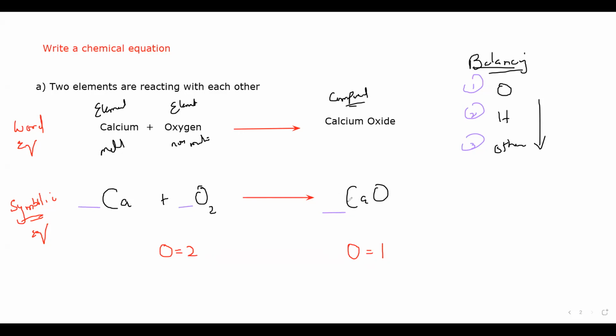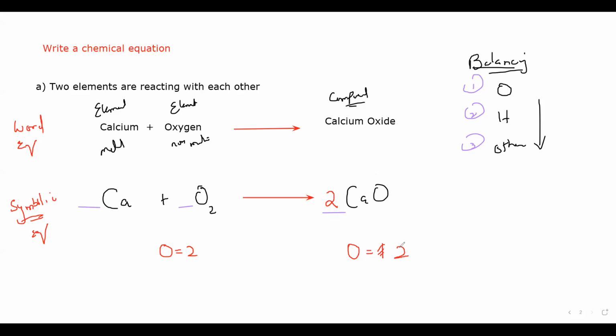For balancing, we can write the number before the substance. We cannot write it as a subscript. Here on the left hand side we have 2 oxygen. On the right hand side we need 2 oxygen as well. So if I write 2 here, this 2 is multiplied with calcium and oxygen. So it makes the total number of oxygen 2.